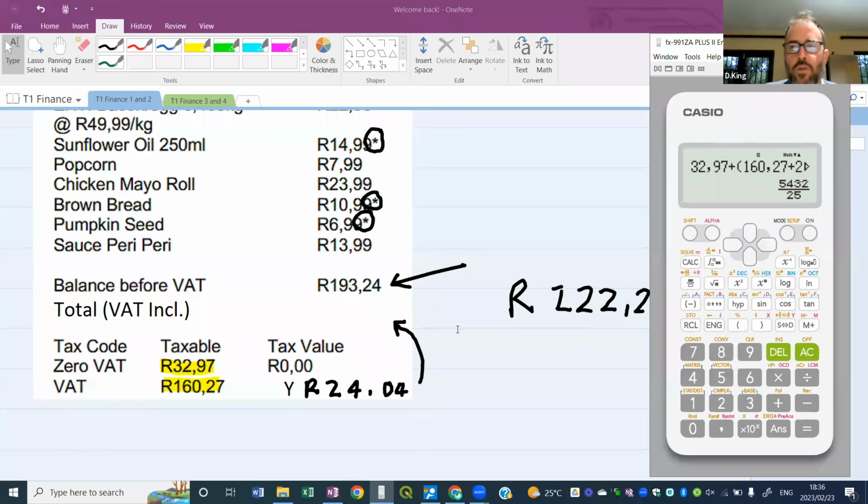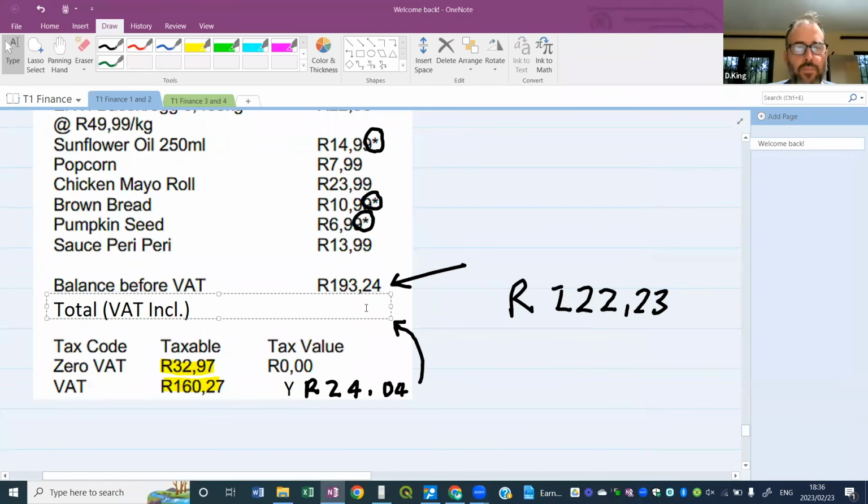So the original total was 217.28. I'll put it up here. So how much more or how much less are we paying because of this plan that our government had to make all basic foodstuff zero VAT items?